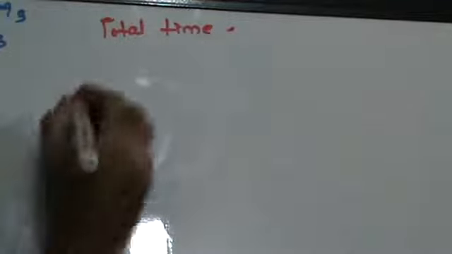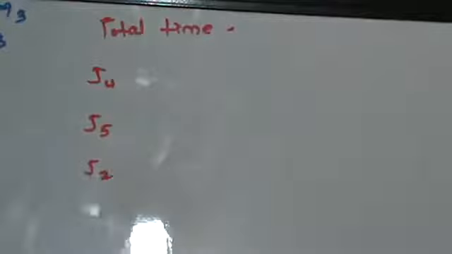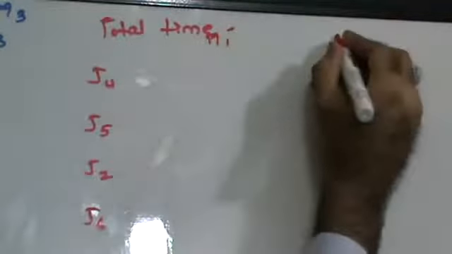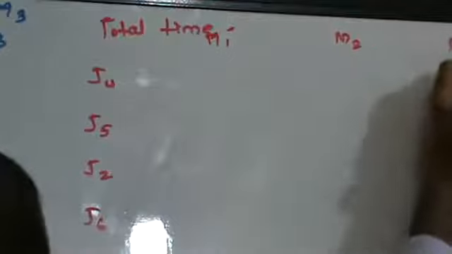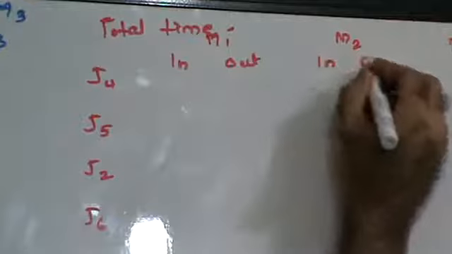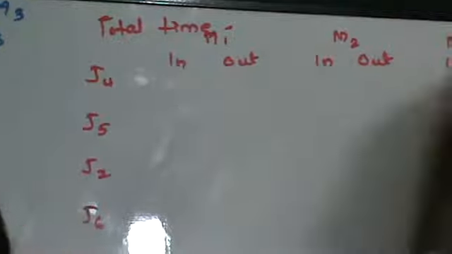I'm going to consider for alternative J4, J5, J2, J6, J1, J3, right? Machine 1, machine 2, machine 3, time in, time out, time in, time out, time in, time out.